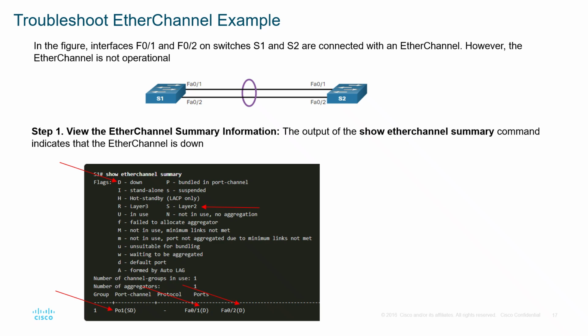Port channel 1 is down and is a Layer 2 switch. It says it includes ports 1 and 2, but they are also down. So this is not a functioning EtherChannel.